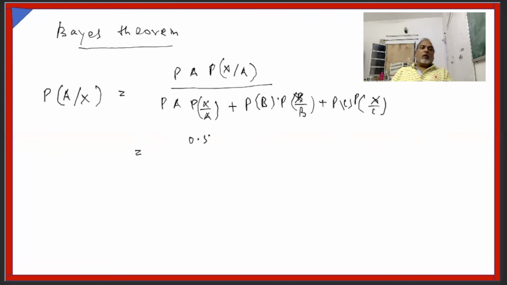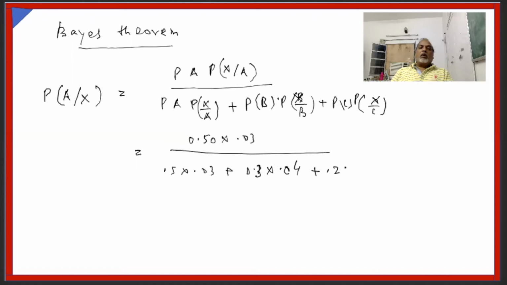So this will give you 0.5 into 0.03 divided by 0.5 into 0.03 plus 0.3 into 0.04 plus 0.2 into 0.05.